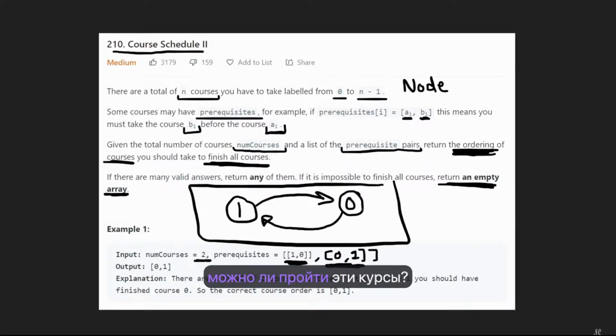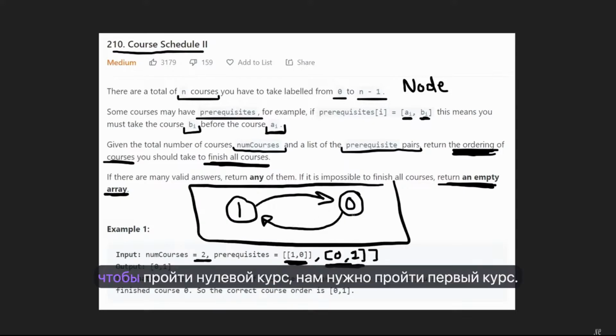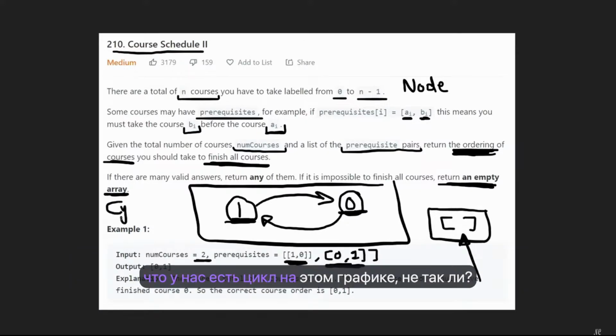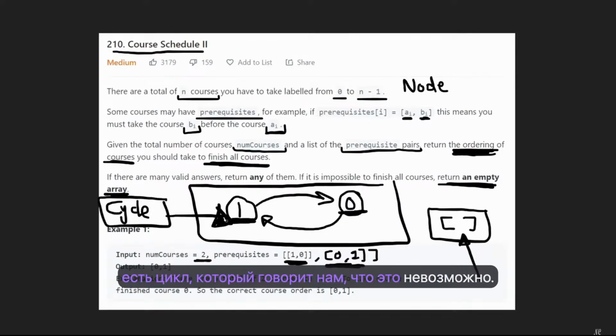Is it possible to take these courses? It's not. To take course 0, we have to take course 1. To take course 1, we have to take course 0. There's no valid order, so we return an empty array. And we know to return an empty array because we have a cycle in this graph, right? There's a cycle that tells us that it's not possible.